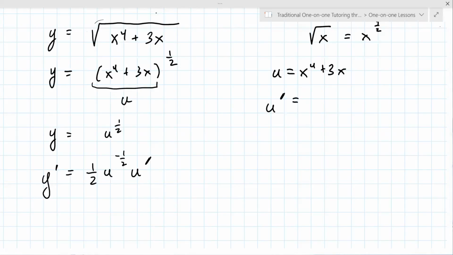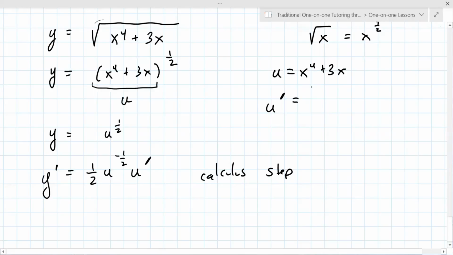Okay. This is your calculus step here. Then you plug in the u, but you need u prime.